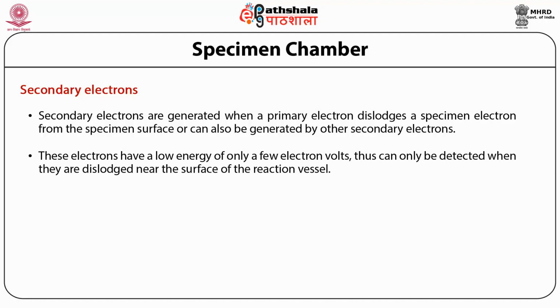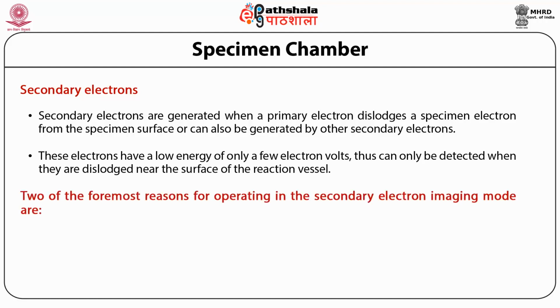Therefore, secondary electrons cannot escape from deep within the reaction vessel. Secondary electrons that are generated but do not escape from the sample are absorbed by the sample.